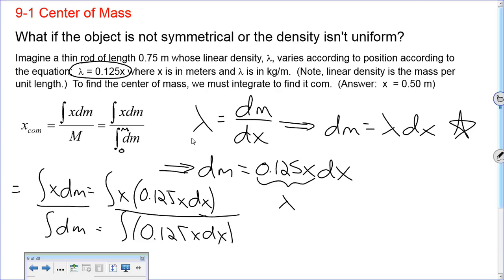From 0 to 0.75. And then solve that. And that gives you your position. Right? We'll do the actual integral tomorrow. You guys can probably do the first few homework problems. We'll talk more tomorrow about what to do when.